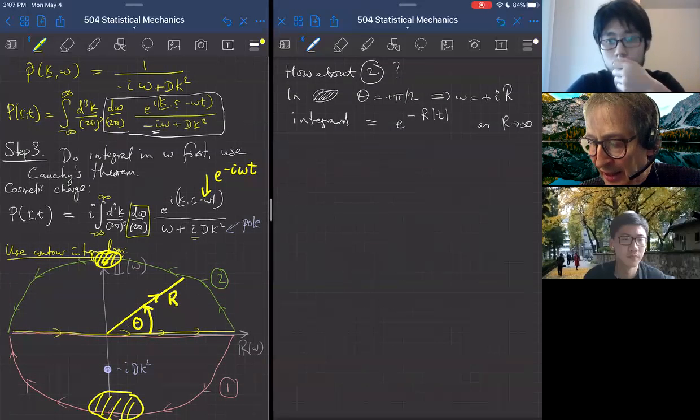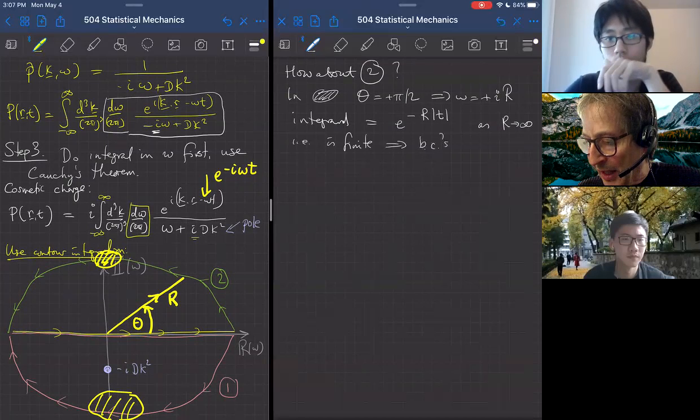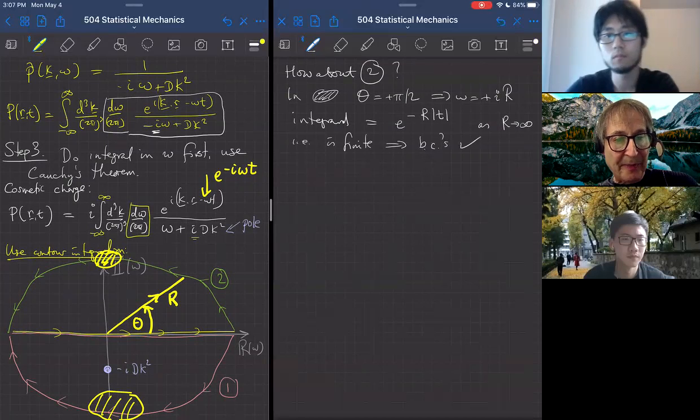And so the integrand, in other words, is finite, and that means that it satisfies the boundary conditions.